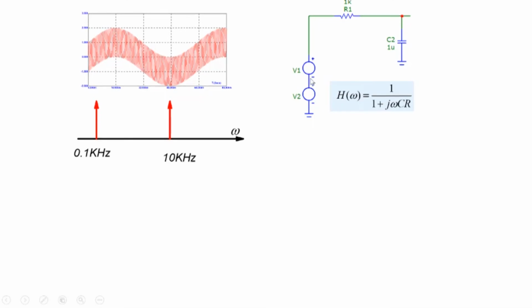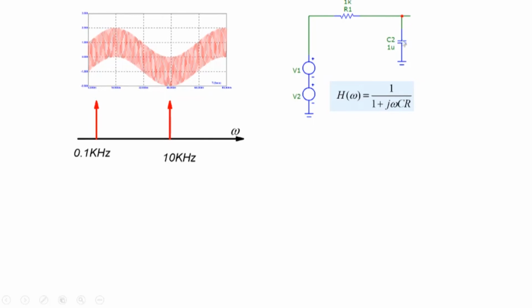In this case, I generated a composite signal, which is made up of 0.1 kilohertz and 10 kilohertz. Let's say the signal is actually coming from some source, and your interest is basically in 0.1 kilohertz, and 10 kilohertz is like noise for you. You want to remove the 10 kilohertz signal, okay?